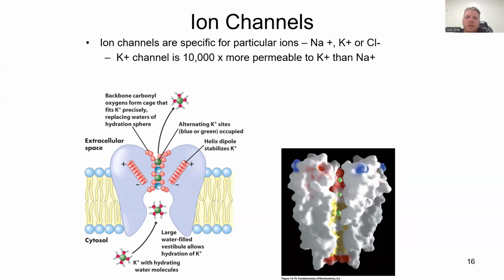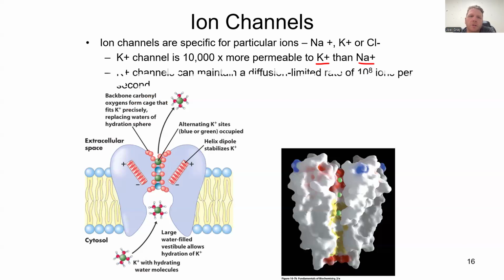A potassium channel is 10,000 times more permeable to potassium than to sodium. And that has to do with the amino acid composition of the potassium channel and the amino acids that will help bind an ion the size of a K plus compared to Na plus.